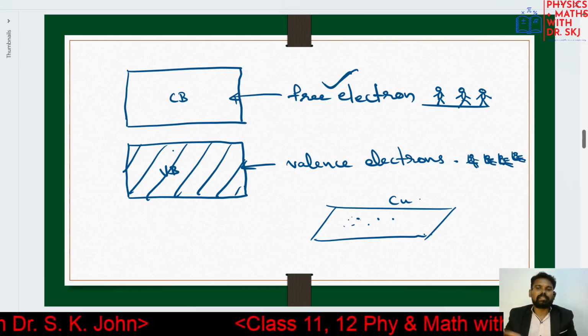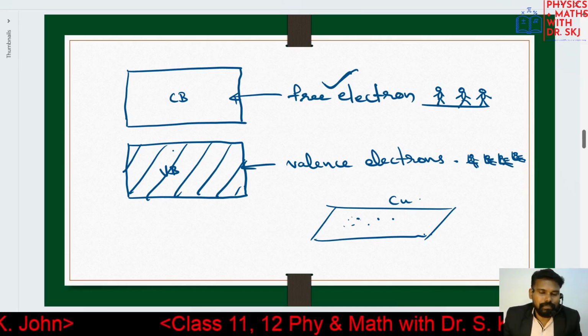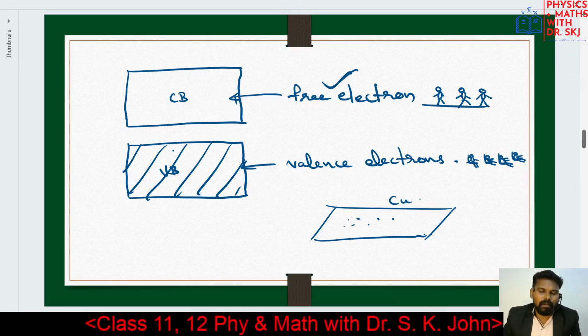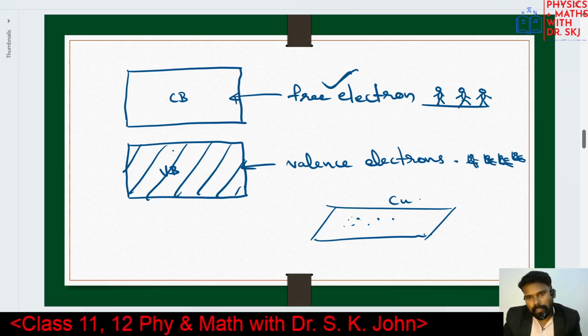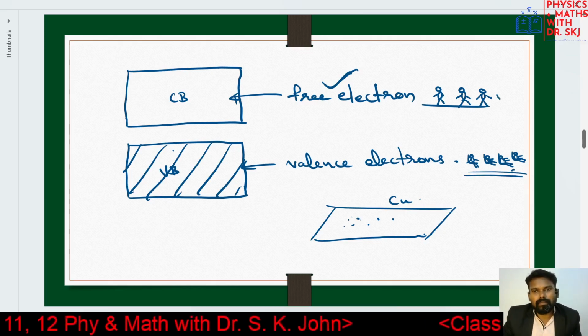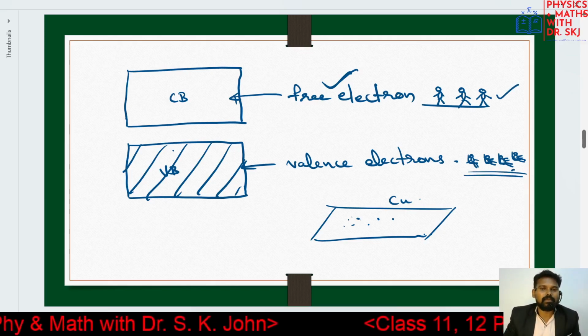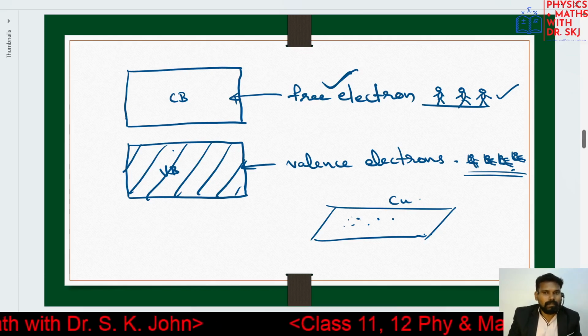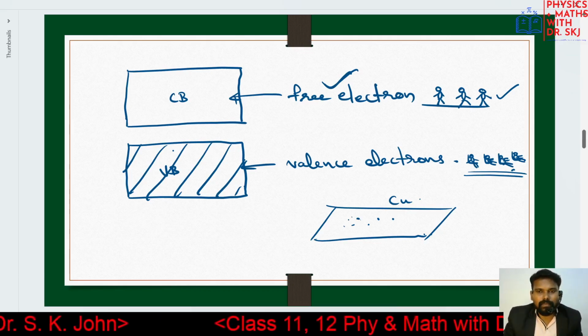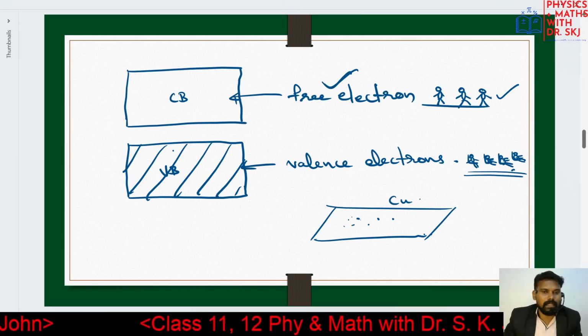They have particular seats. They are balanced. You can compare them with the people who are sitting on their seats. Free electrons can be compared to the standing people. This analogy is very good for understanding the coming concepts.